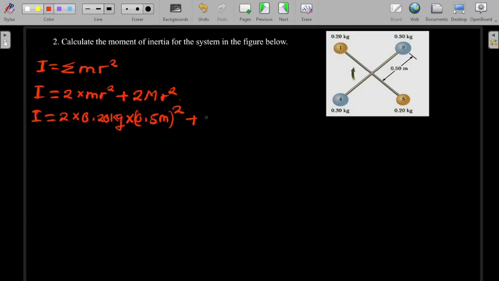Then plus, we have 2, times the mass of pin 2 and 4, which is 0.30 kg. The radius is 0.5 meters. Then we need to square this. So now we need to multiply.